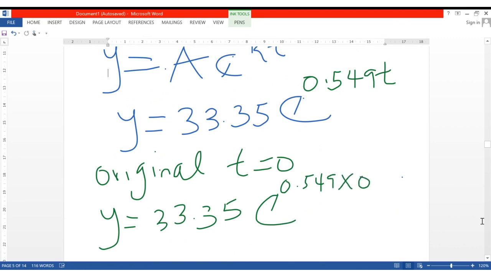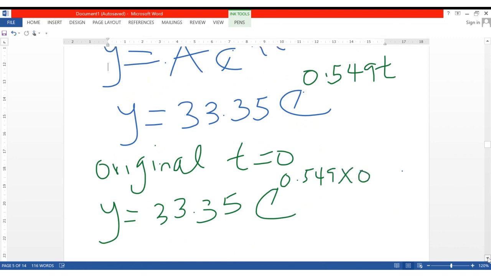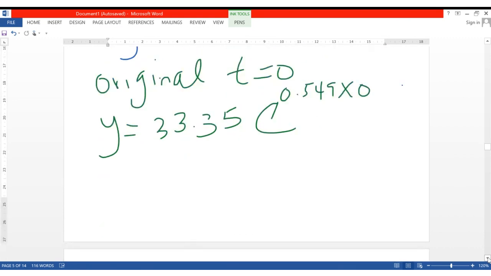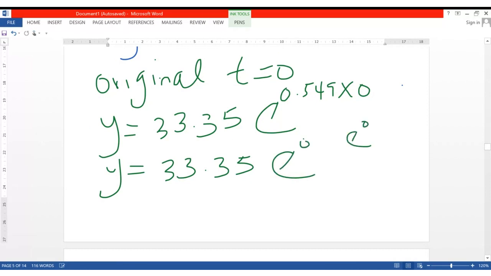Any number raised to power 0 will always be 1. So here we shall just end up with y given by 33.35 and then exponential 0. You see the exponential 0 is always 1. So here the answer will be 33.35.